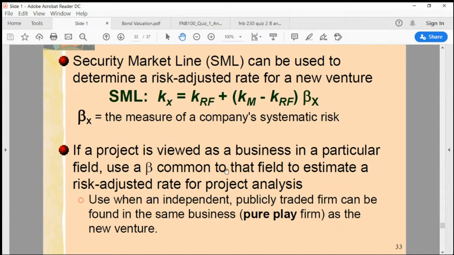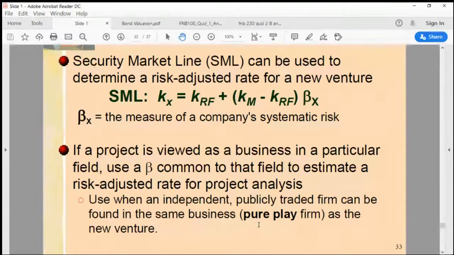So it's hard to find a company to use beta from in that field, and it's hard to find a field where the companies are only doing that line of business. It's generally called a pure play firm, used when an independent, publicly traded firm can be found in the same business.